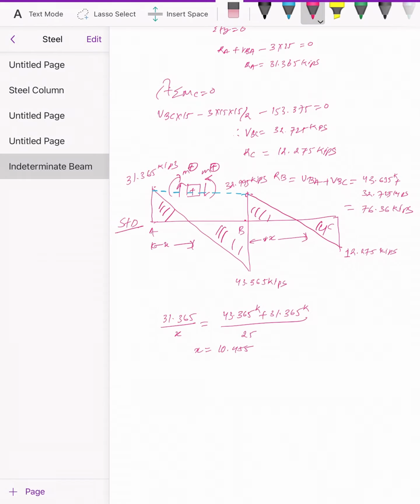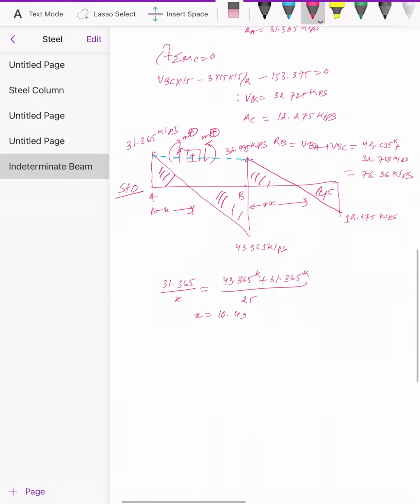Let me solve it again: 31.365 over x equals 43.365 plus 31.365 divided by 25. That comes out to be 10.49. So x is that.